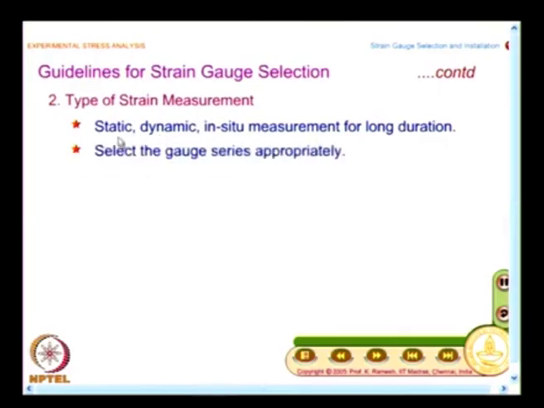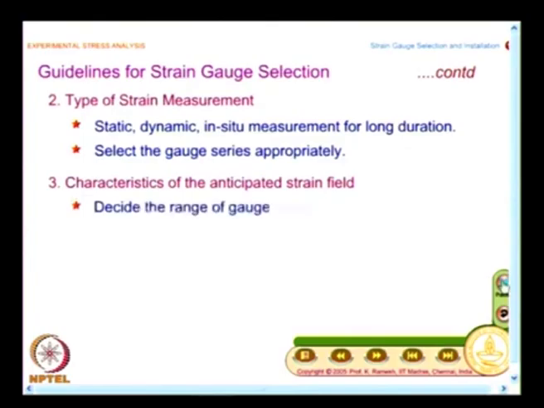Am I going to make a static strain measurement or dynamic strain measurement or in situ measurement for long duration? So, this helps me to select the strain gauge series appropriately, because you have different types of series for static, dynamic and in situ.